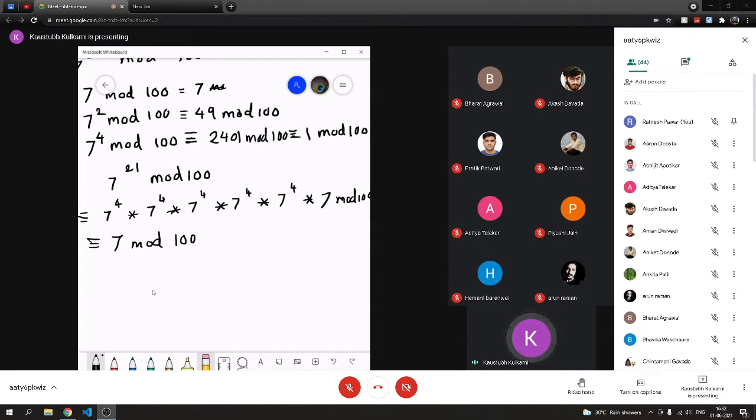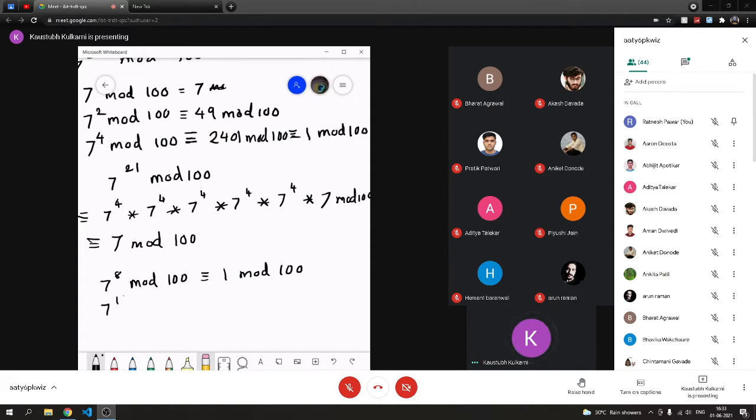Okay, so instead of this kind of a split, we could have continued with this series basically, and we are squaring. So from 7 we found 7 square, 7 raised to 4. Now 7 raised to 4 is simplified to just 1 mod 100. So we could have squared 7 raised to 4, which gives us 7 raised to 8 mod 100, which is congruent to 1 mod 100. Then again square this.